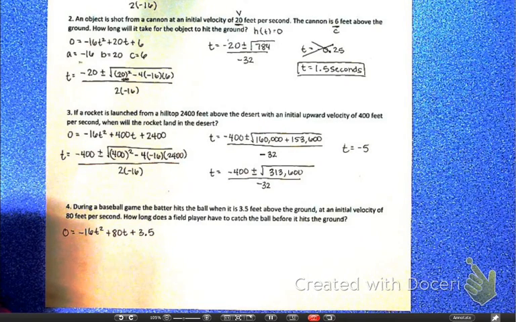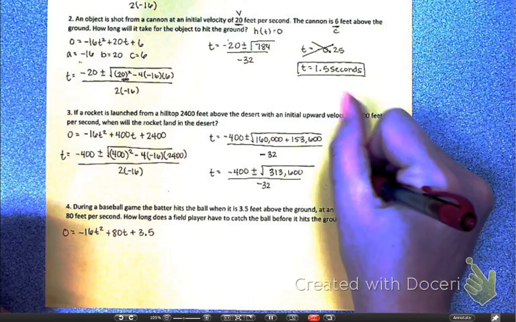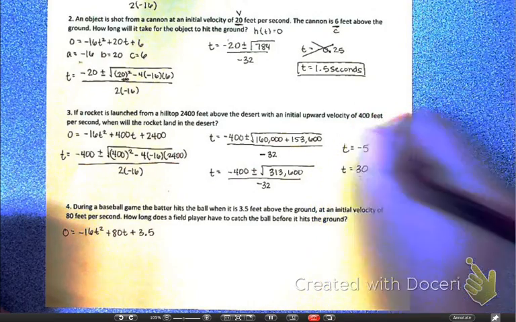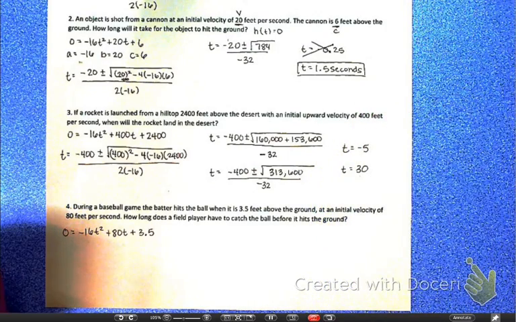Okay. Do you need to see me plug it in? No. All right, so negative 400 plus the square root of all of that divided by negative 32. My first answer is t equals negative 5.